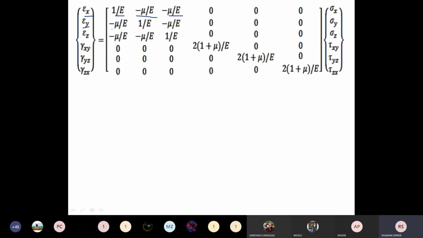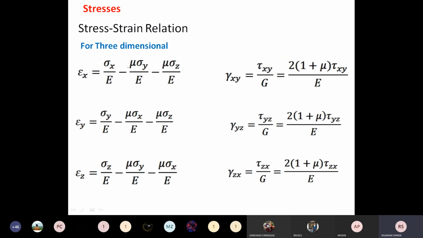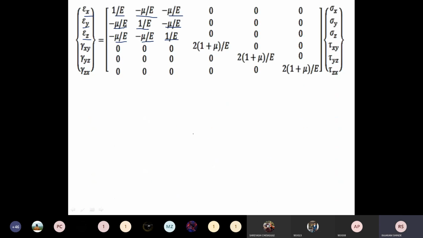Then epsilon y is equal to minus mu sigma x by E, plus sigma y by E, minus mu sigma z by E. Next, epsilon z is equal to minus mu sigma x by E, minus mu sigma y by E, then sigma z by E. Have you got the first 3 equations from the matrix?